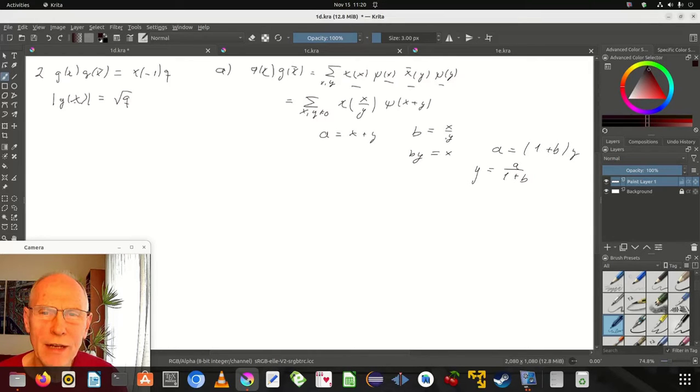And if b is minus 1, then they are opposite. So that holds if a is distinct from naught and b is distinct from minus 1.